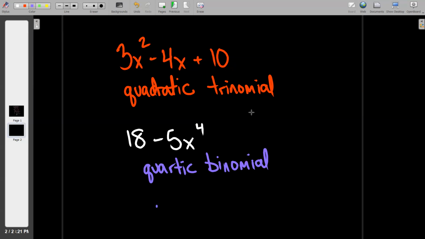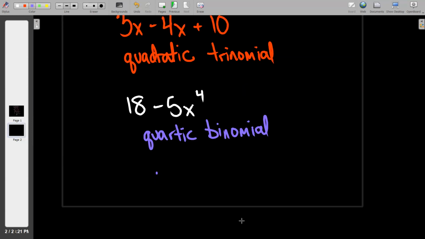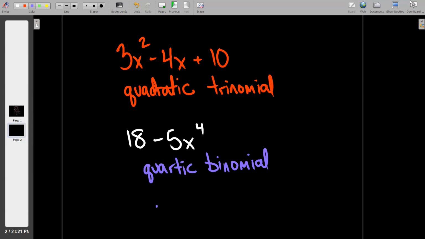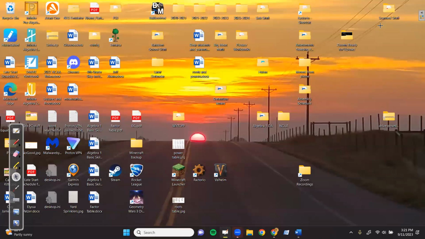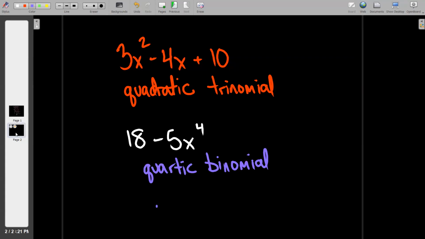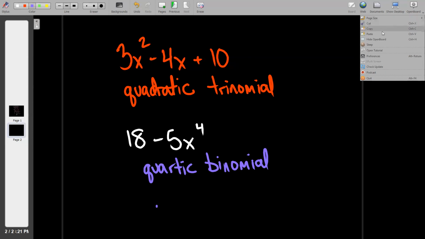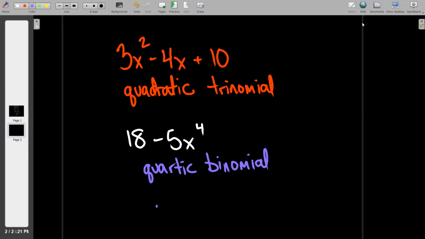What happened to my little toolbar thing? Do you notice that it's gone? It's really freaking me out, like it's gone. Let me see if I can make it come back. Hold on a second. Oh, that was something else. Let me see if I can. Where'd it go? That's really freaking me out, dude.